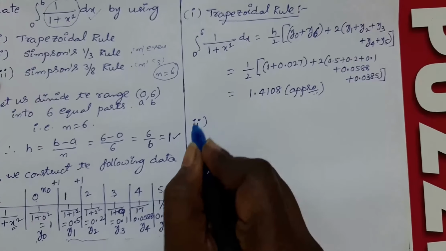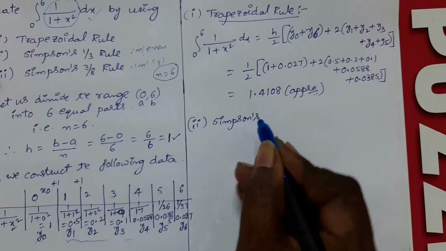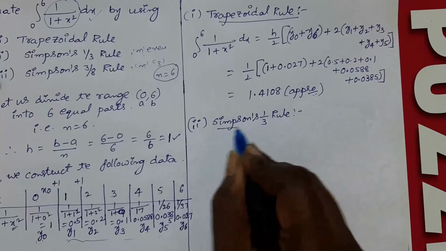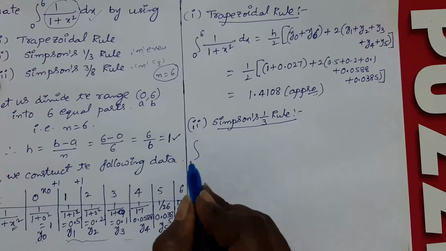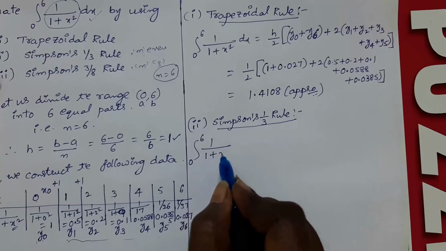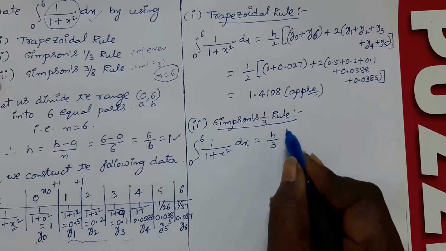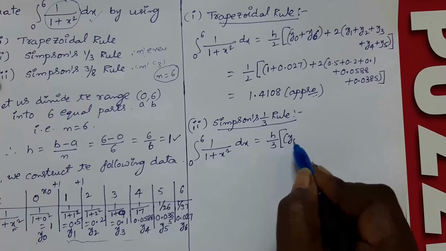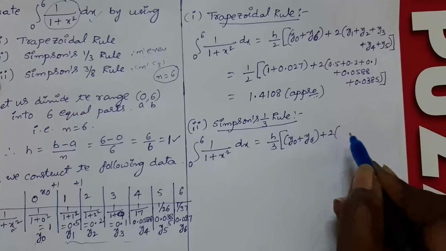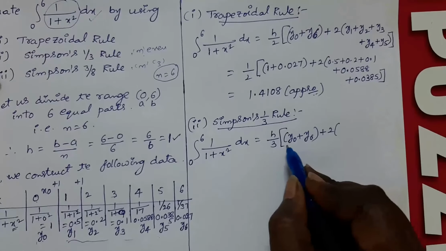Now see Simpson's one-third rule. According to Simpson's one-third rule, for the given data, the given integration becomes h by 3 of y0 plus y6 plus 2 times of the sum of even functioning values between y0 and y6.